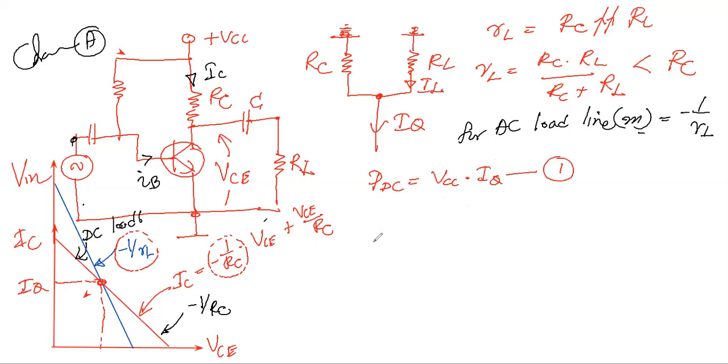And similarly, you can find the P out value also. P out value, if you know the peak value of load current, just divide the peak value by √2 and then take the square value into RL.